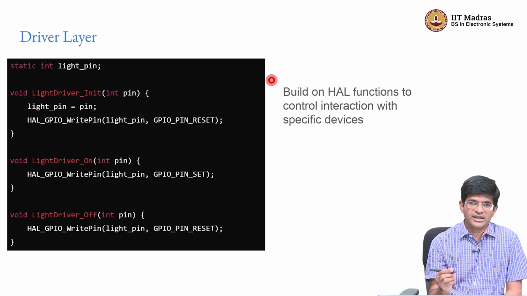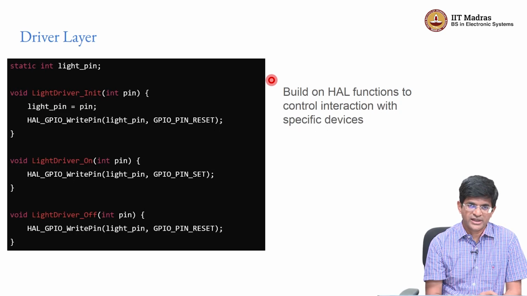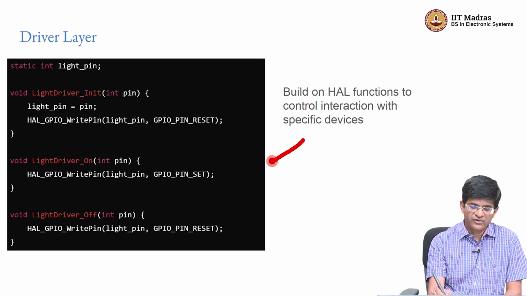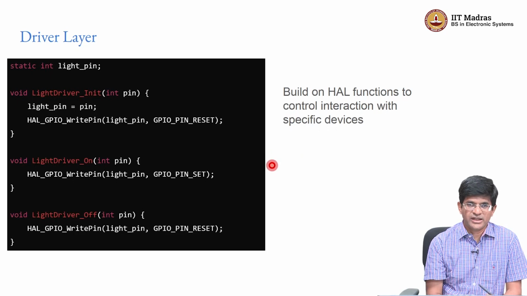And rather than directly saying write this into this particular register, which is what HAL GPIO write does, I now have a function which says turn on the light. In turn, all that it does is call HAL GPIO write pin, but I have now abstracted it out and I can think in terms of turning on or off a light. So this is the driver level.